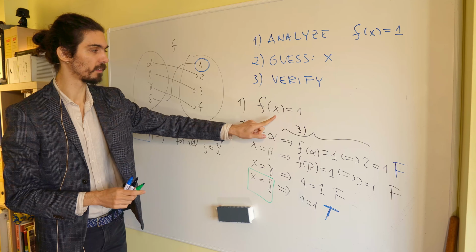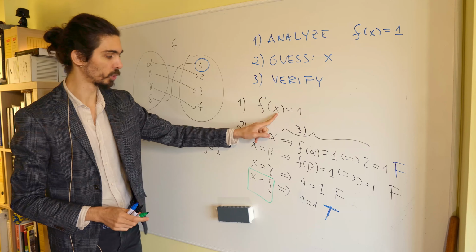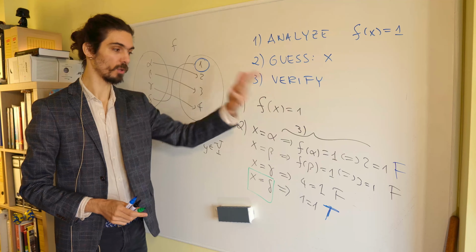The x is in fact this block here. And the solution x is equal to delta is what we set to be f minus 1 of 1.